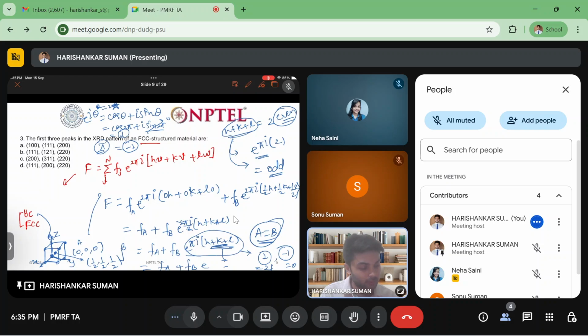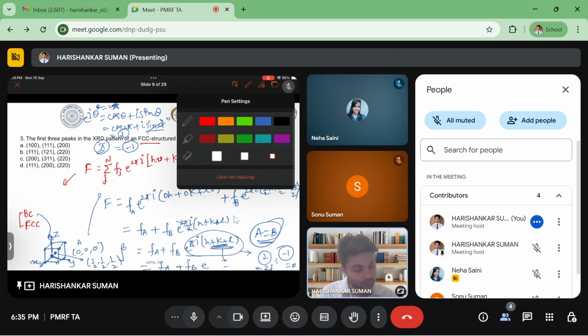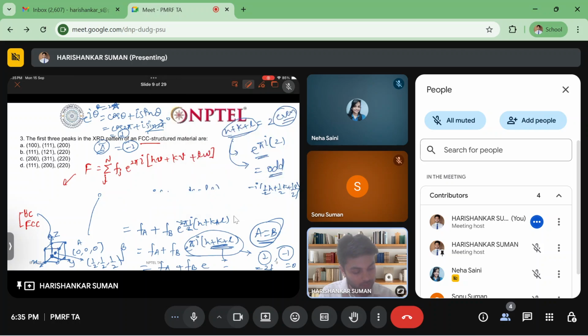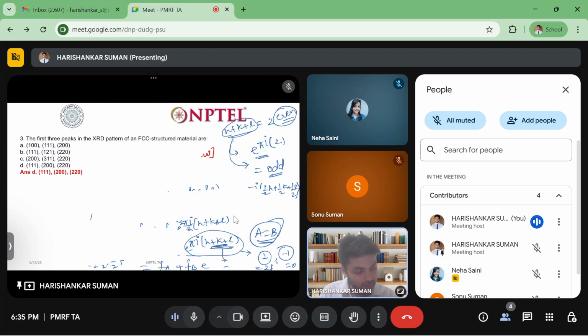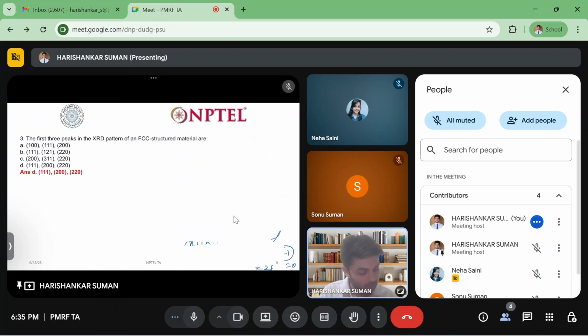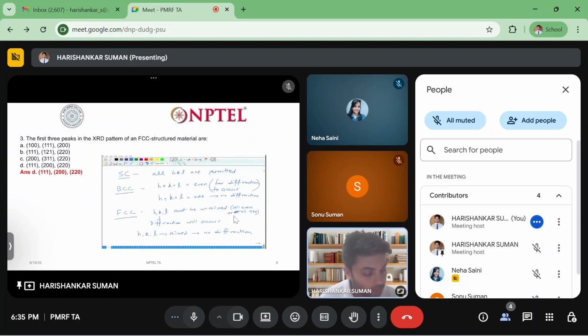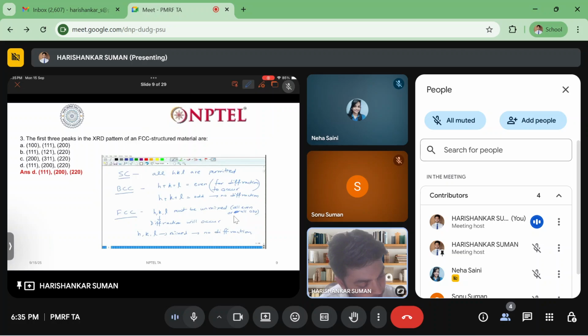Okay, is that clear to you? Similarly, you have to calculate for body centered, face centered, and finally for face centered. Let me show you the result.